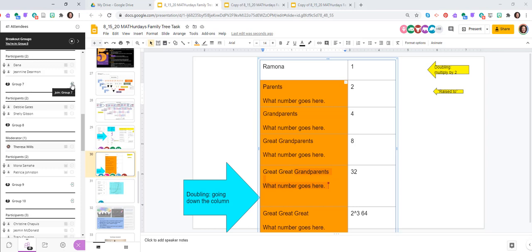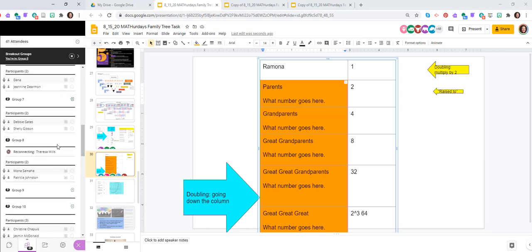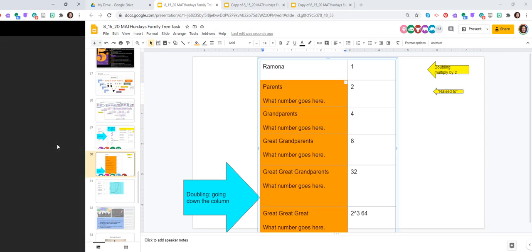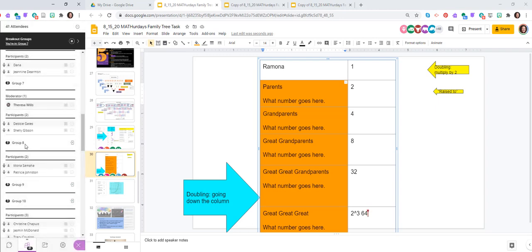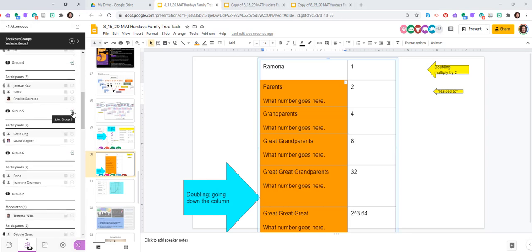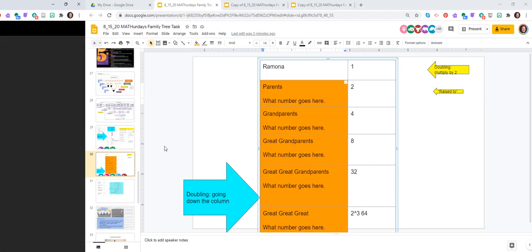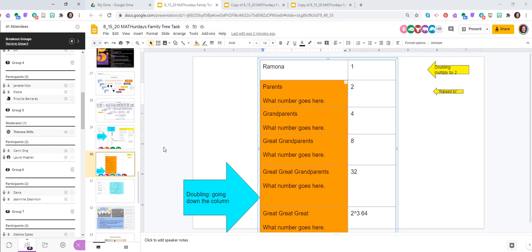Her parents now is 1, and grandparents would be 2 if we're looking at exponents. That'd be the 4th generation? Because Ramona was generation 2 to the 0, right? But then great grandparents 3. 3 doubling to 3 doesn't.